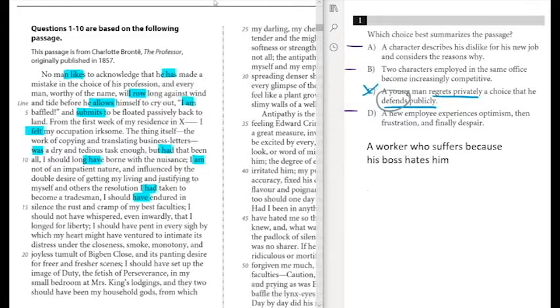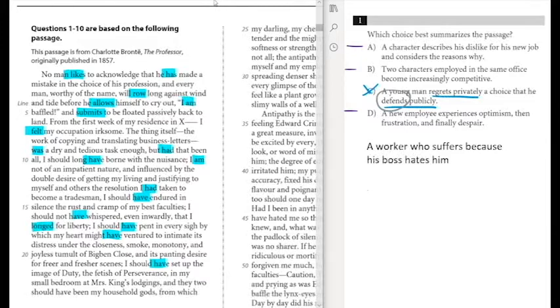I should have endured in silence the rust and cramp of my best faculties. I should not have whispered that I longed for liberty. I should have pent in every sigh by which my heart might have ventured to intimate its distress under the closeness, smoke, monotony, and joyless tumult of Big Ben Close.